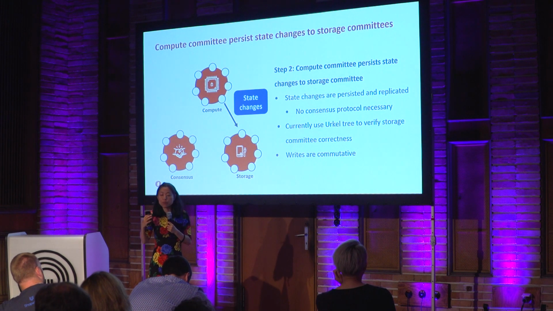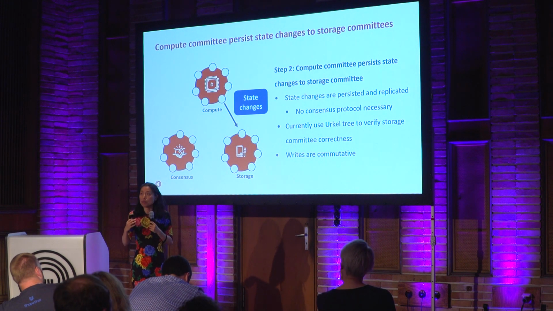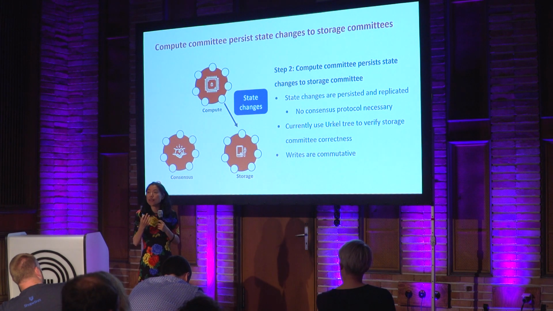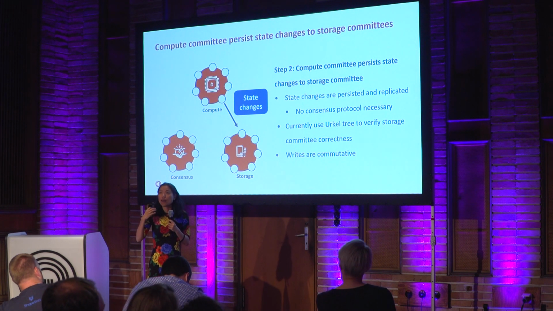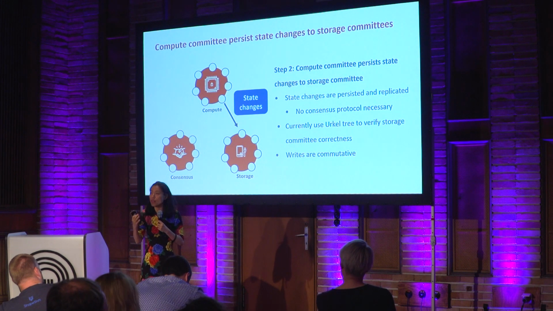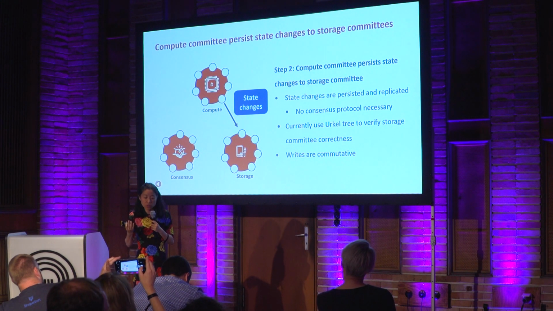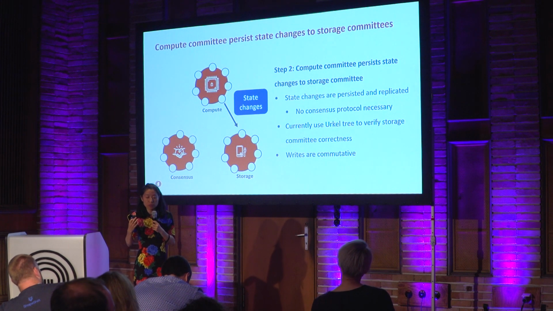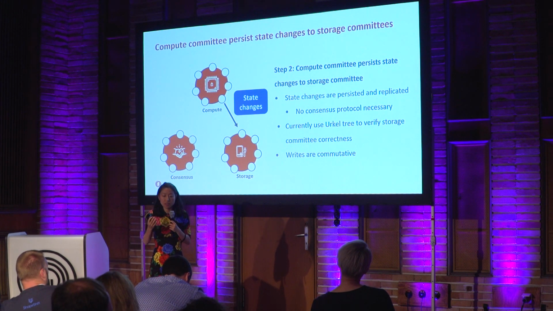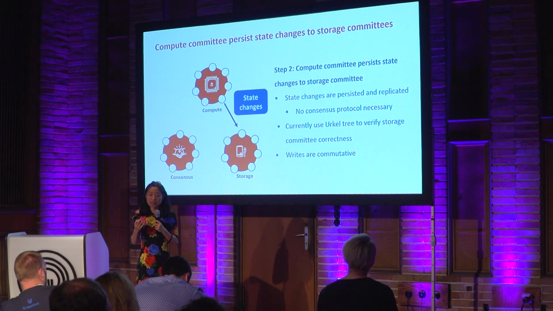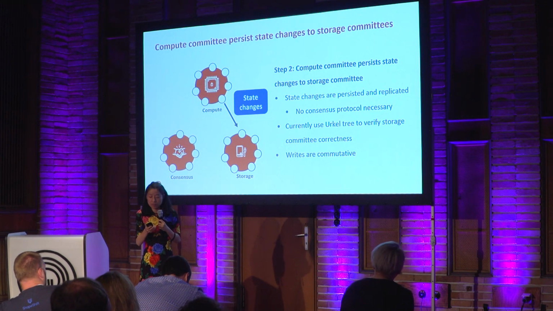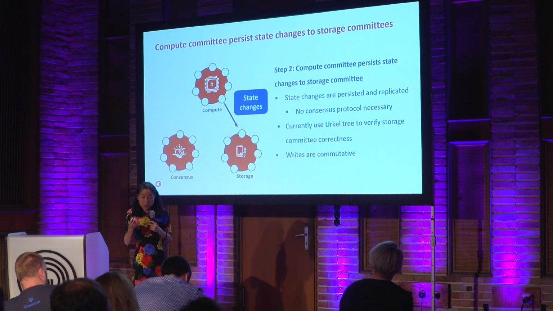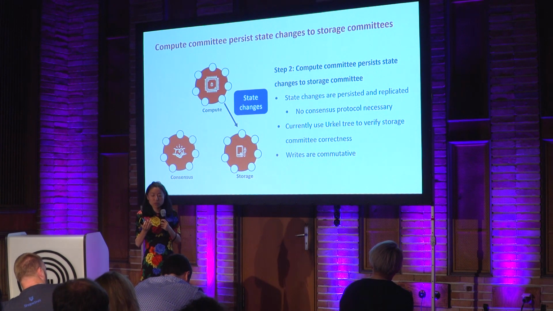And as a compute committee does the computation for a batch of transactions, it will send the state changes, essentially the changes of the smart contract states, to the storage committee. The storage committee also uses discrepancy detection to make sure that the compute committee computed the right results.